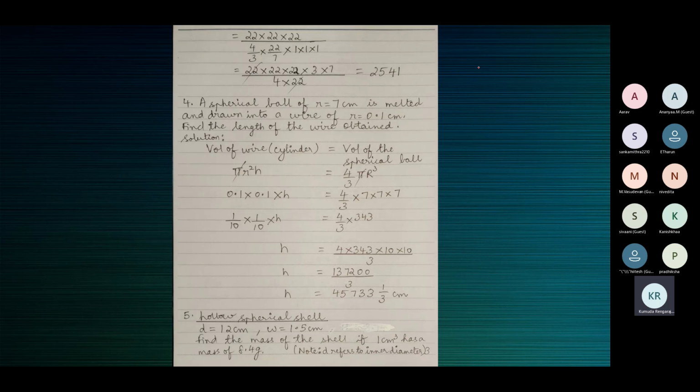So you just have to write the formula. Volume of the material in the wire will be equal to the volume of the material in the spherical ball. Wire is a cylinder, pi r square h, is equal to the volume of the sphere, 4/3 pi r cube. You can see that I've used different R's for wire and sphere, just to differentiate between the two, because both are radius, you cannot cancel them.